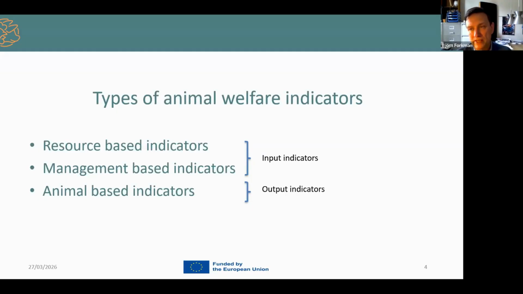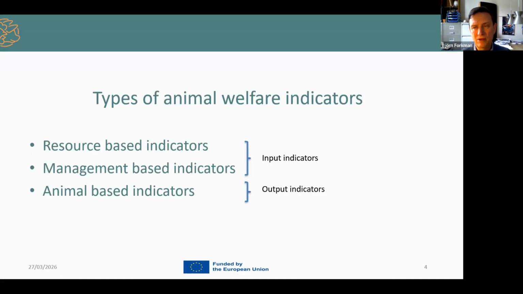These are all animal-based indicators. And the animal-based indicators are thought to be more valid indicators of animal welfare. They lie closer to the experiences of the animal, which seems reasonable to assume.